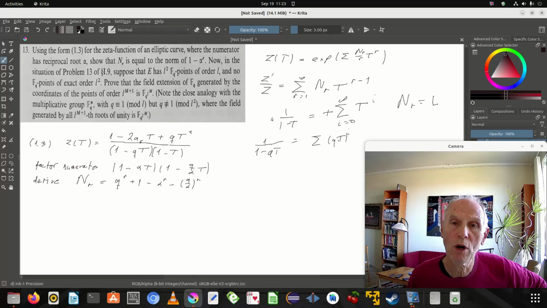So n1 comes when it's 1. No, n1 gives t 0. This is strange.